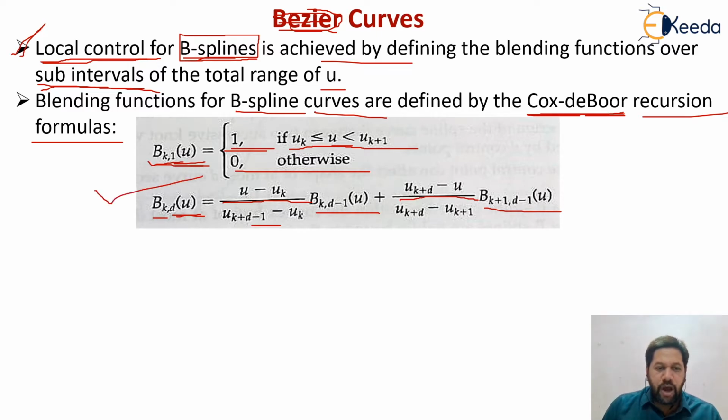This is the formula defined by the Cox-de Boor recursion formula, and it can be used for the B-spline function.